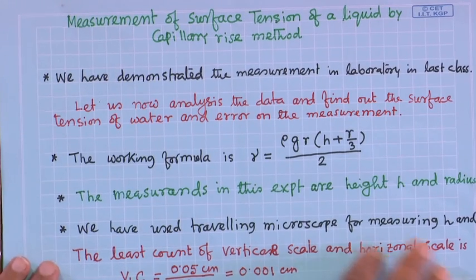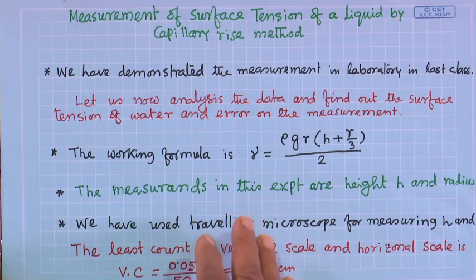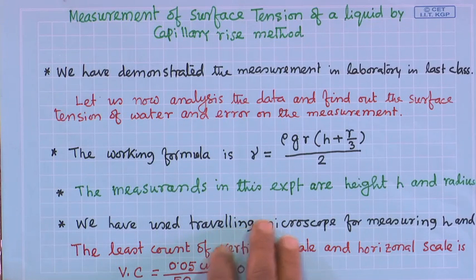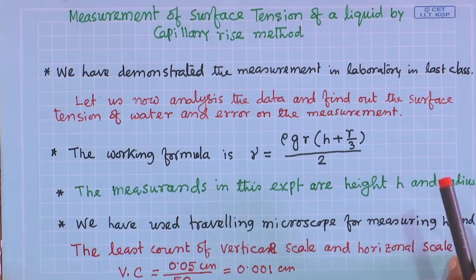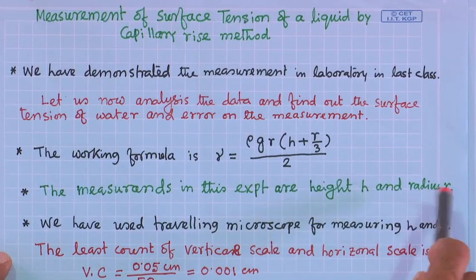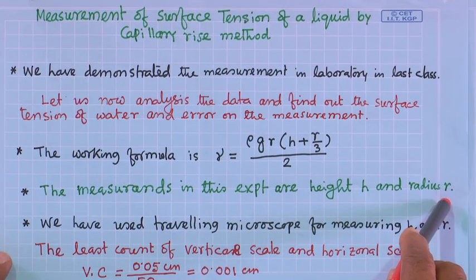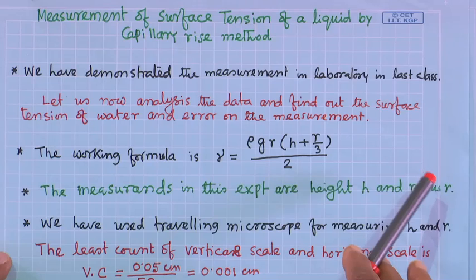So, in this experiment, what are the parameters we have to measure? That is simply height h and radius r. The radius of the capillary tube, and the height of the water column from the water surface of the container.